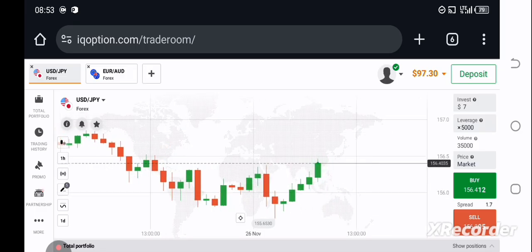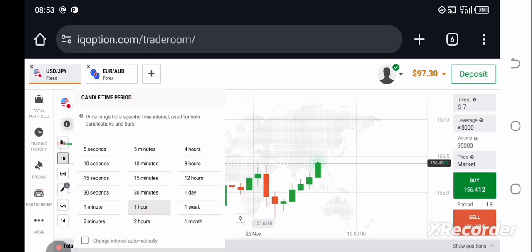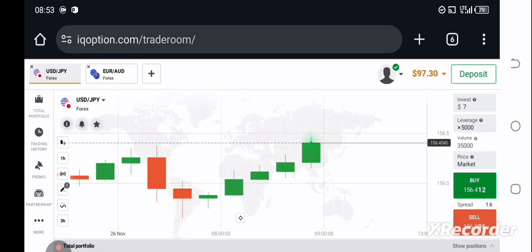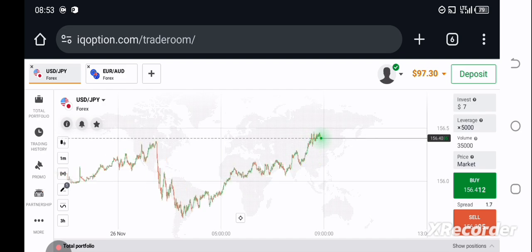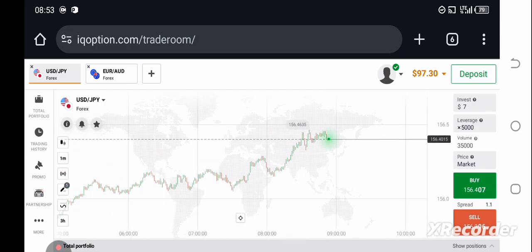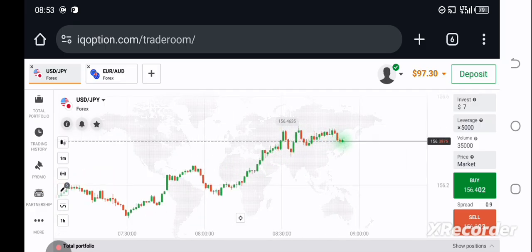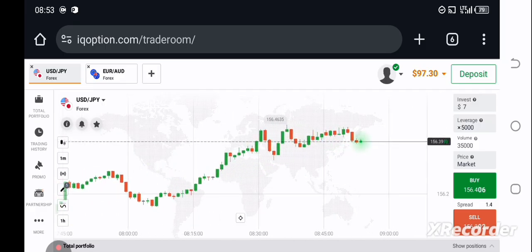So if you open any position here, each candle is going to last for 1 hour. Your take profit and your stop loss: you put your stop loss at minus 50%, and then you have a take profit of 30%. Your stop loss is higher than your take profit.